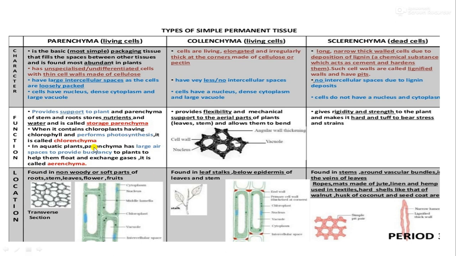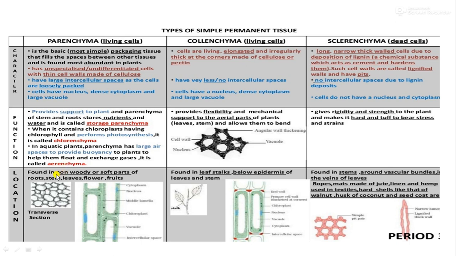And for functions, we can say storage: parenchyma stores nutrients and water, and it is a supporting tissue. Then in leaves and young stems they perform photosynthesis, so they are modified into chlorenchyma. Then in aquatic plants, to provide buoyancy, they are modified into aerenchyma.